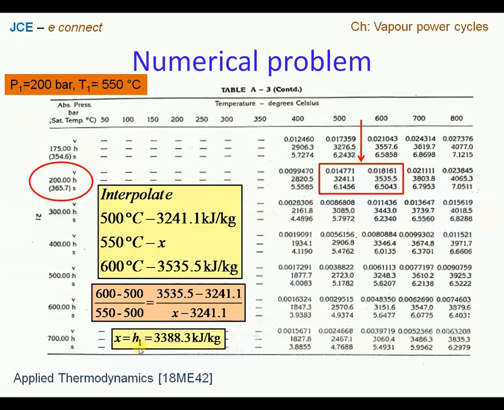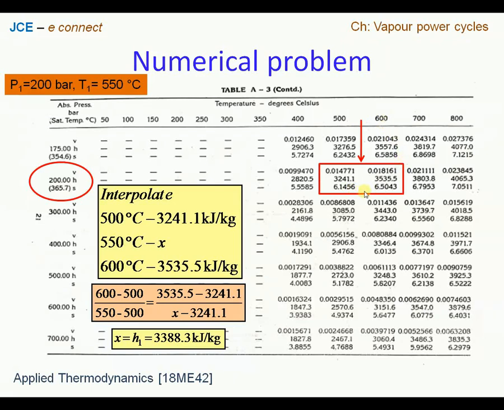Likewise we need the entropy value also. For that we refer to the entropy data in the last row. For 500 degrees Celsius the corresponding entropy is 6.1456 kilojoule per kg Kelvin.